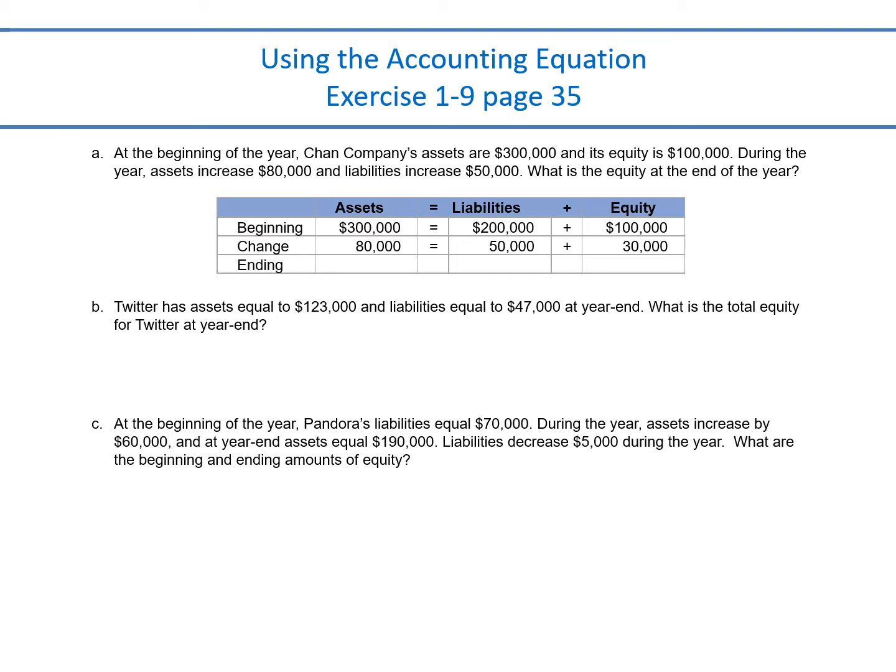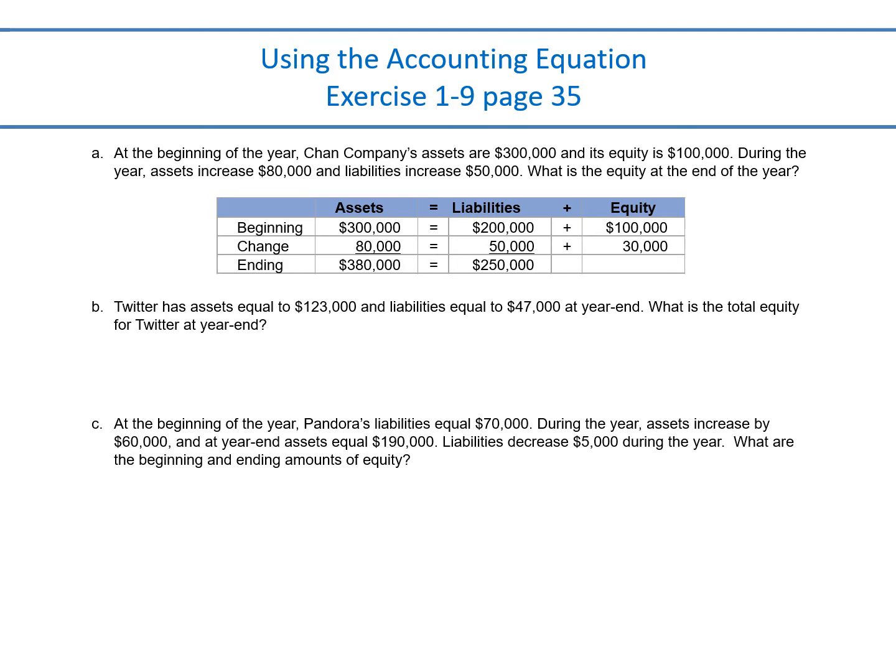And then finally, our ending balance. So if you start with $300,000 of assets and your change is an increase of 80, then your ending balance in assets is going to be $380,000. 300 plus the increase of 80 is 380. Same thing for liabilities. 200 plus the increase of 50 means that we're ending the year at $250,000 of liabilities.